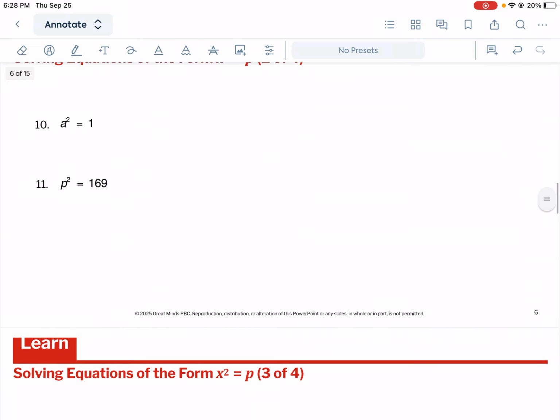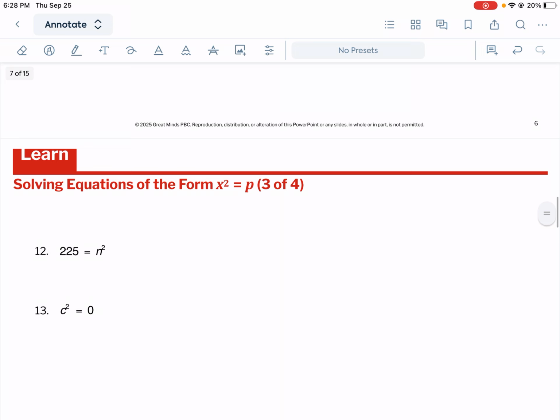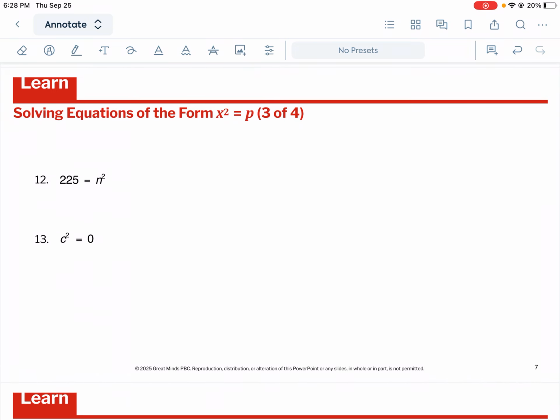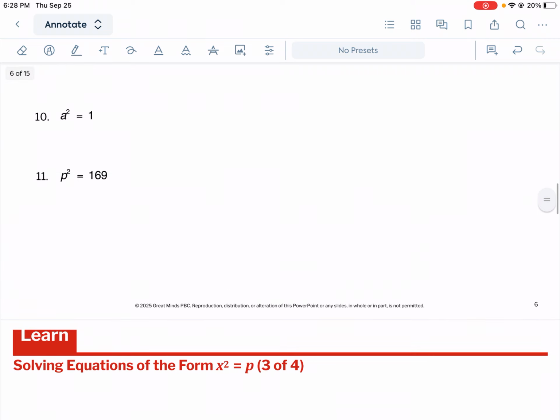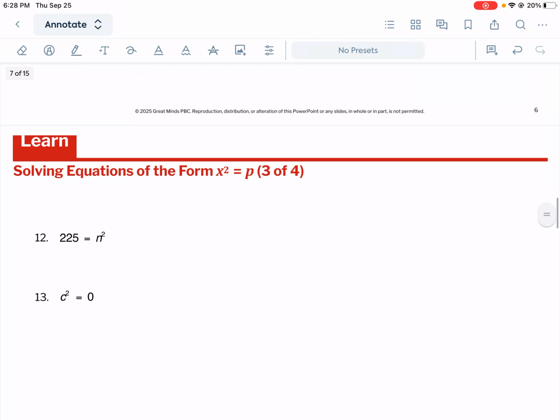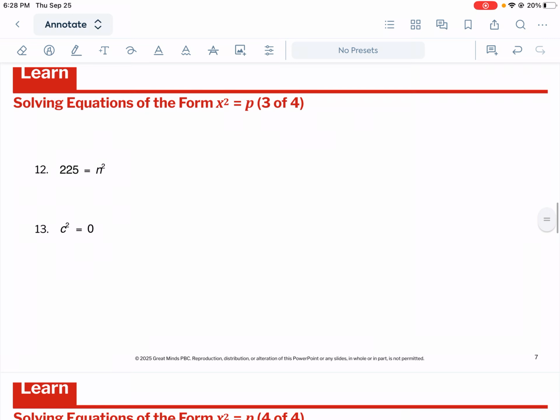I will leave you to do number 10 and 11 on your own. I would hope that for number 10, you know that 1 times 1 is always 1. I would hope that for 13, you know that 0 times 0 is always 0. For number 12, I'll knock that one out for you. Don't be intimidated by these large numbers.